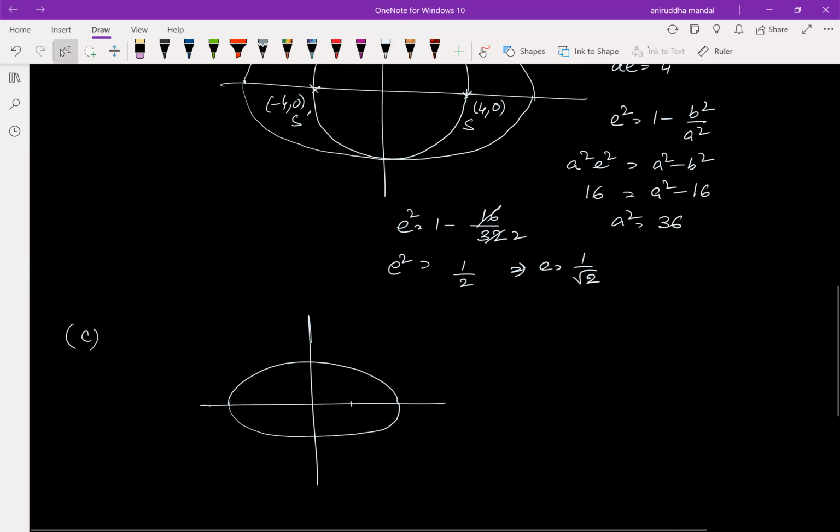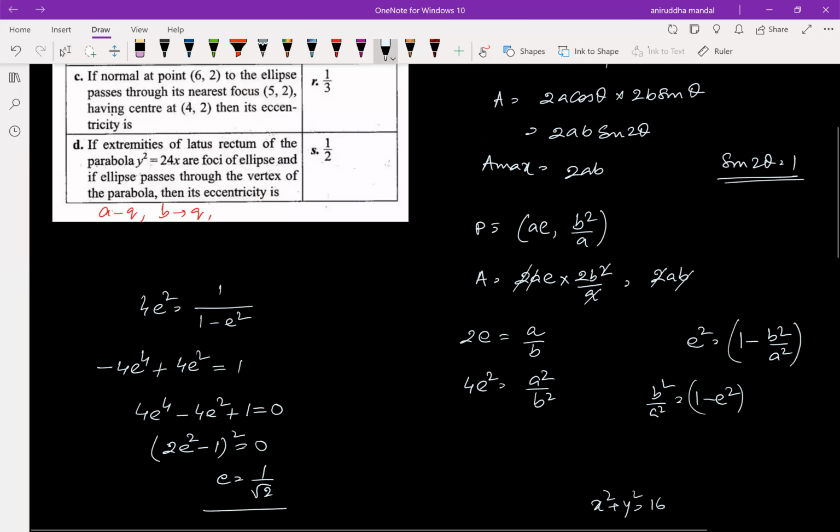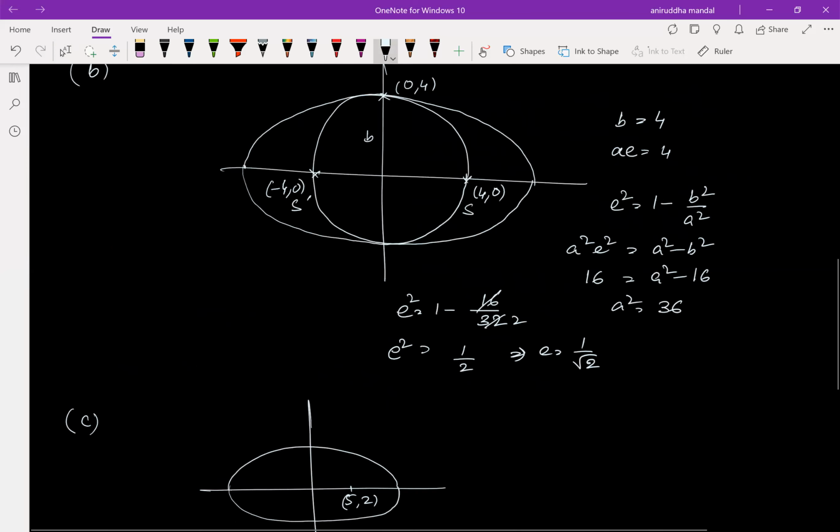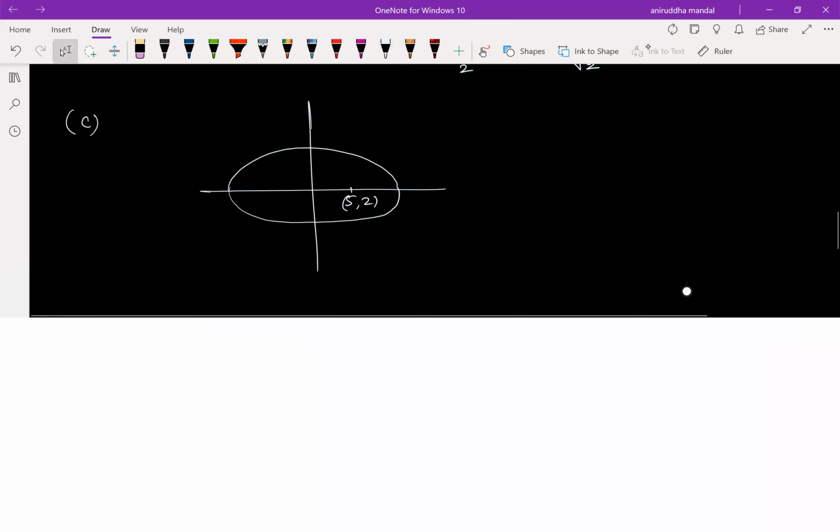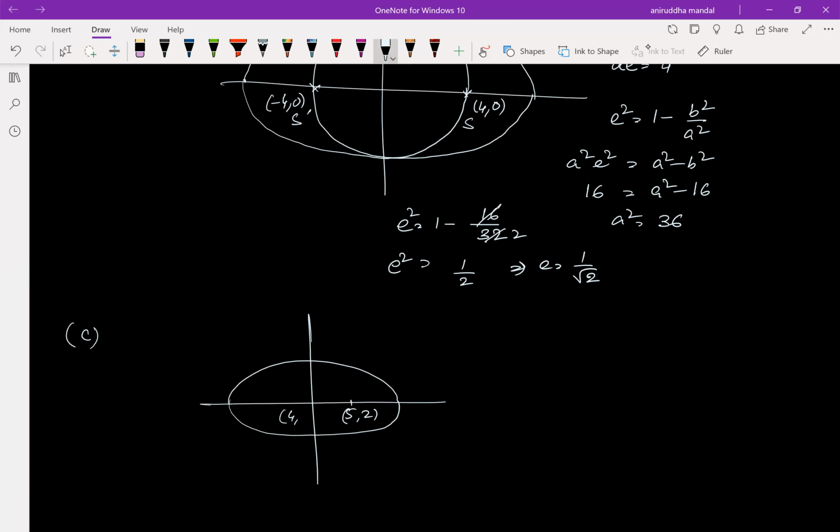The center is 4 comma 2, and this is 6 comma 2.